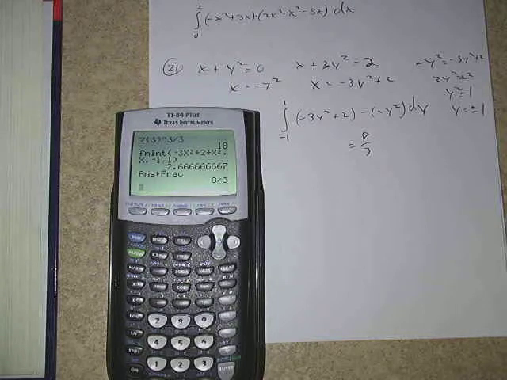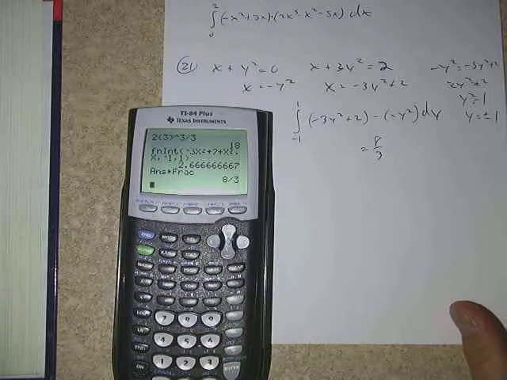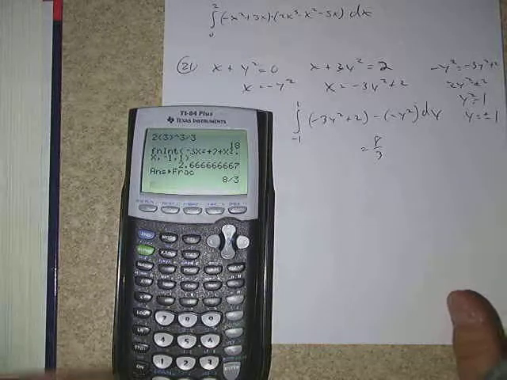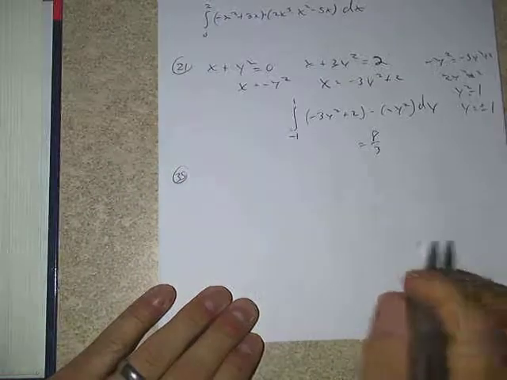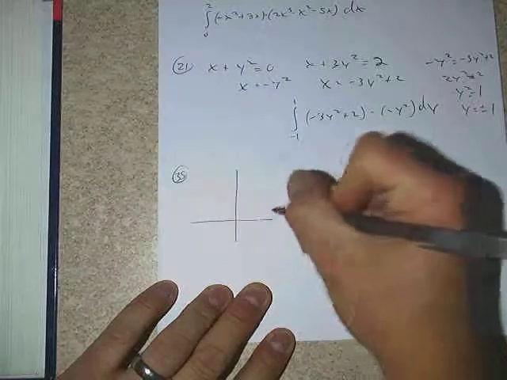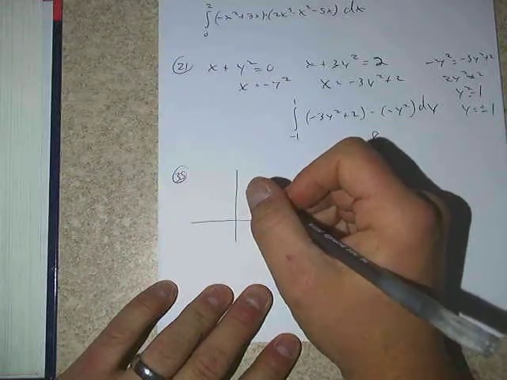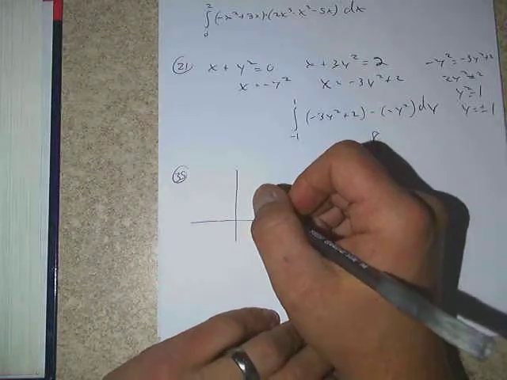What if you just put y equals negative x squared and y equals negative 3x squared plus 2? Ultimately, those graphs are not going to be the same graph, because you're going to get functions that are up and down instead of left and right, which is not what these are. I guess you could try and get lucky maybe, but I don't think that's the idea.